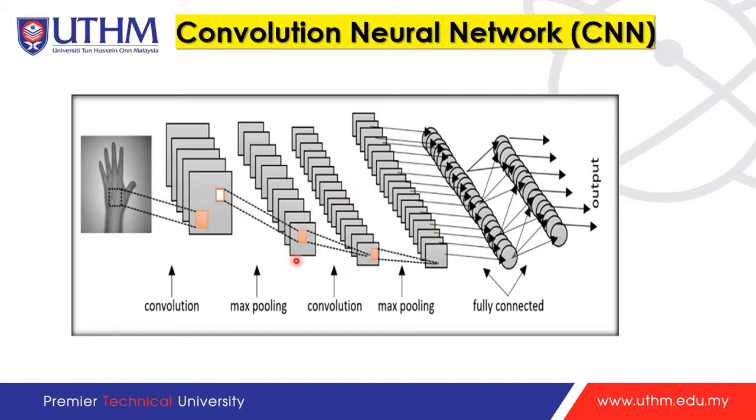The next layer is normally between the convolution layers, the pooling layer, to pick the maximum value from a selected region and reduce the feature dimensions, while the fully connected layers are placed in the last block of the CNN to connect with previous layer activities. And lastly, we have an output layer to predict the output classes.